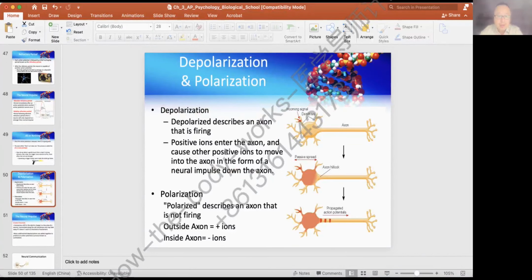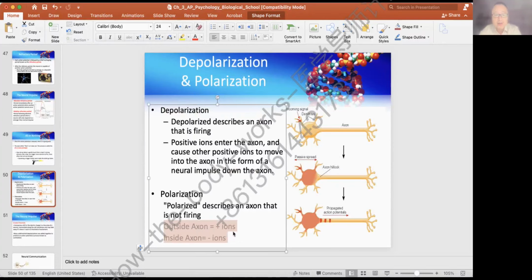This is called depolarization and repolarization. Here you see the outside of the axon has positive ions, and the inside of the axon has negative ions. This is the general situation, called not firing, which means not excited, or in the resting potential, minus 70 mV.